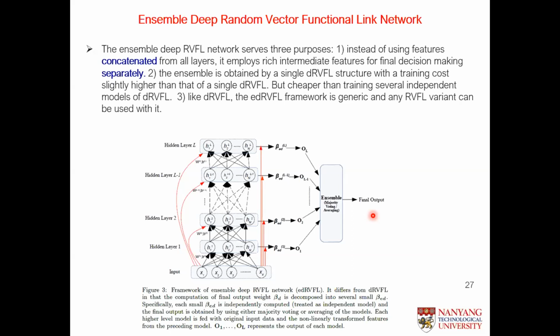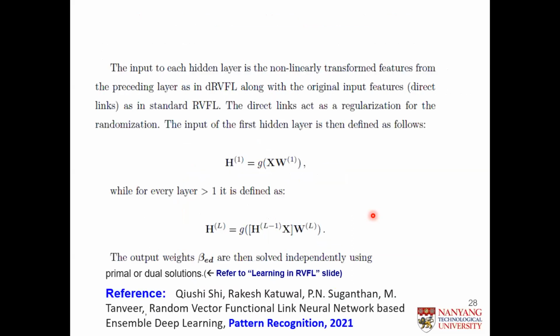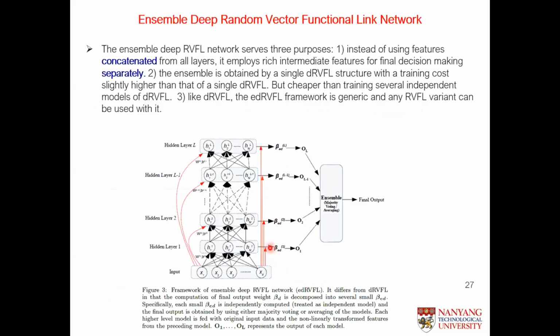Again, as I mentioned to you, the equations are pretty much the same. The selection between primal solution or dual solution, all these rules are the same. And you can refer to the previous slide, learning in RVFL. And the same equations are used again, but we are using the same equation multiple times because the closed form solution is used separately for every hidden layer.